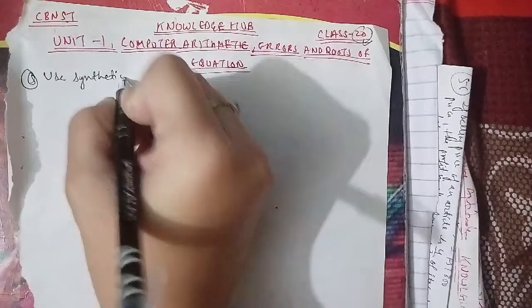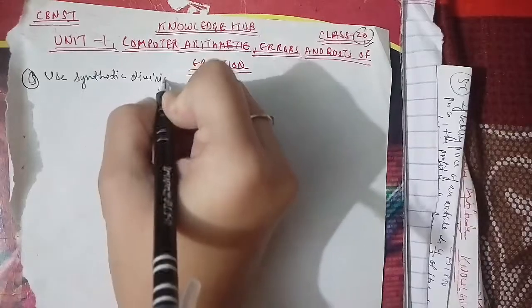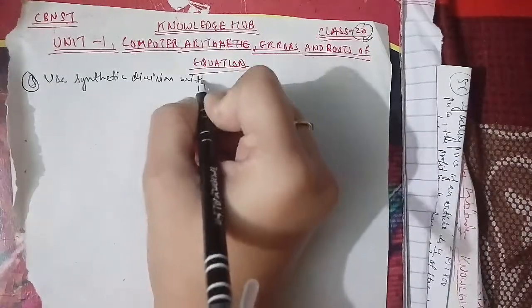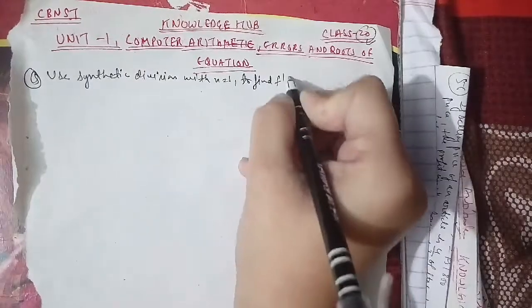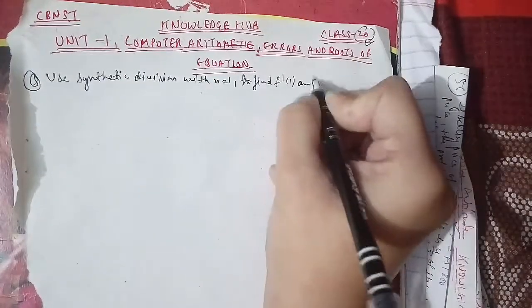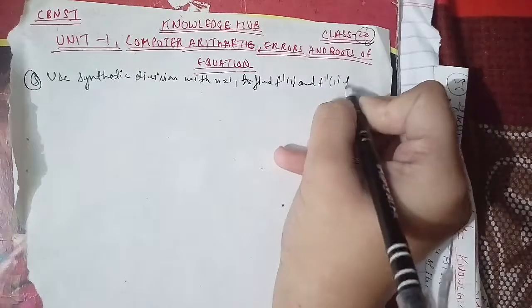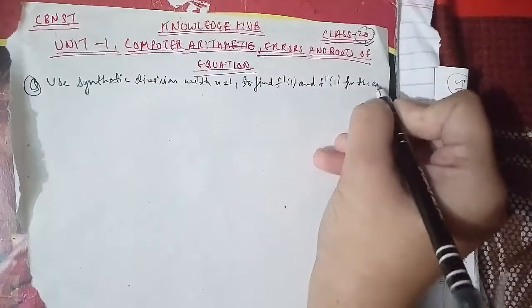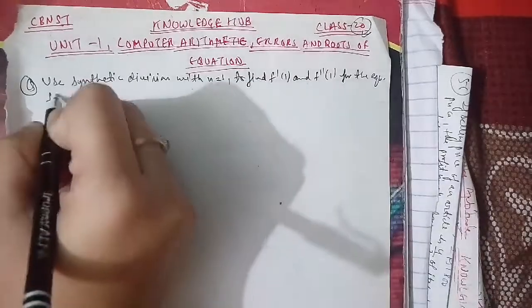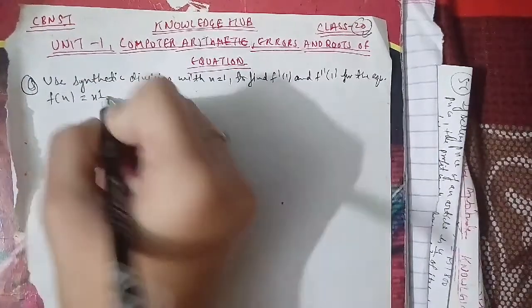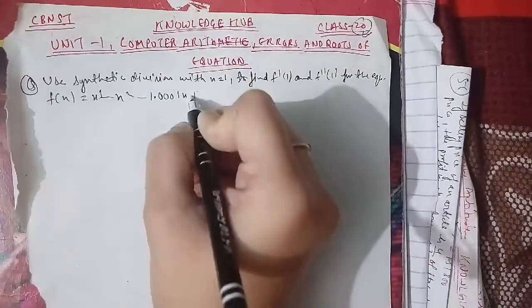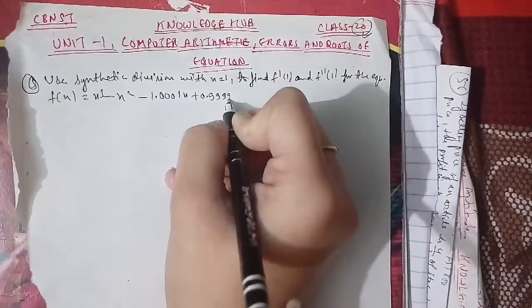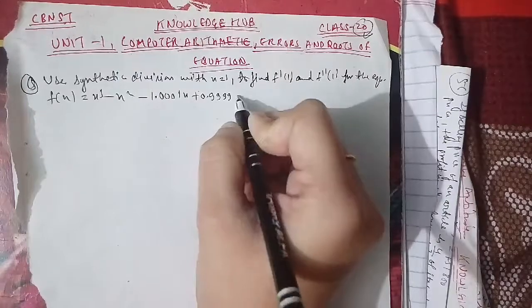Use synthetic division with x equals 1 to find f dash 1 and f double dash 1 for the equation f(x) equals x cube minus x square minus 1.0001x plus 0.9999 equals 0.